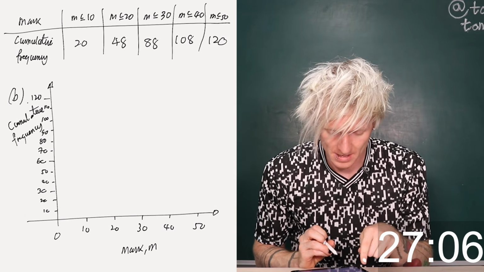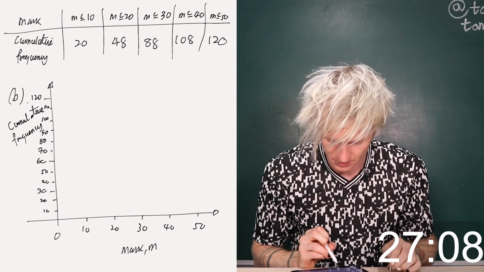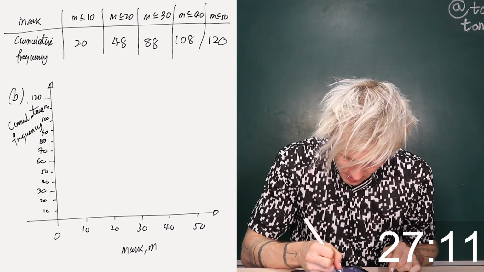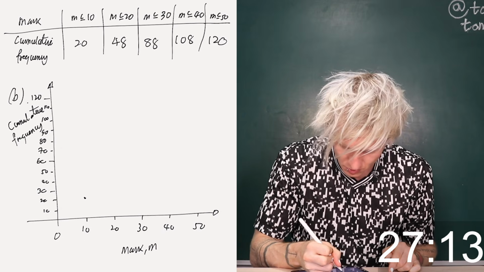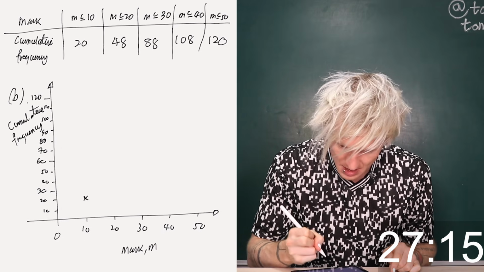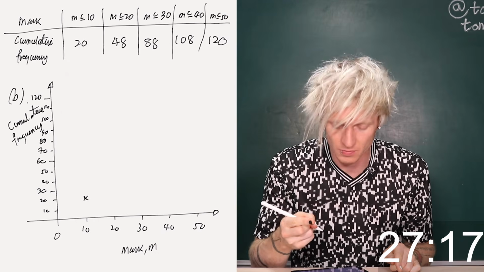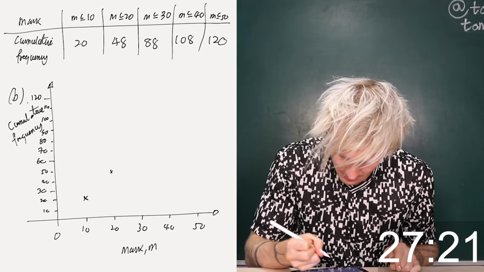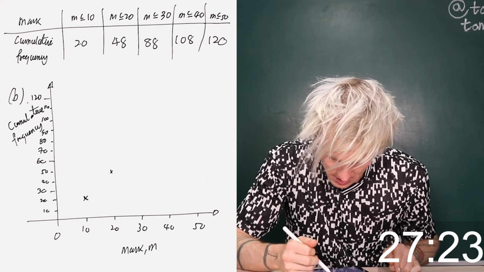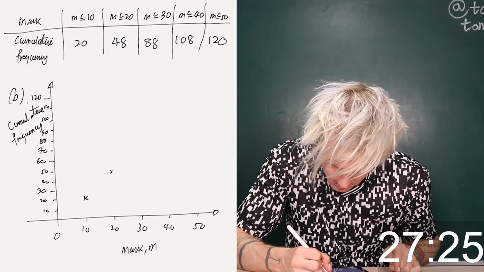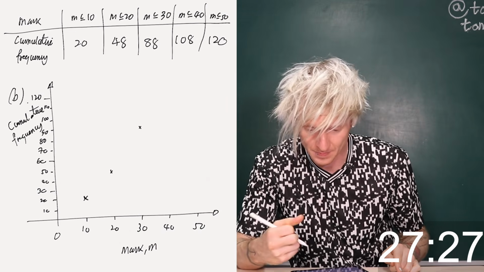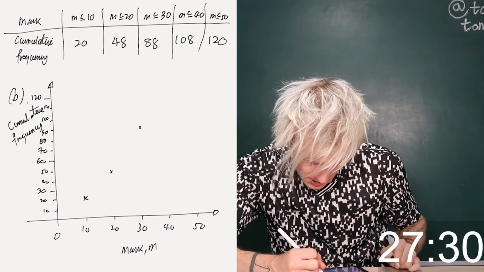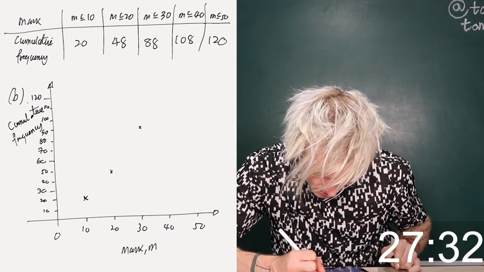Right, so m less than or equal to 10 has a value of 20. So at 10, the value is 20. Put a little cross there. At 20, the value is 48, so that's up near 50. At 30, it's 88, so that's up near 90. 40, 108, these are tricky numbers, it's up here.